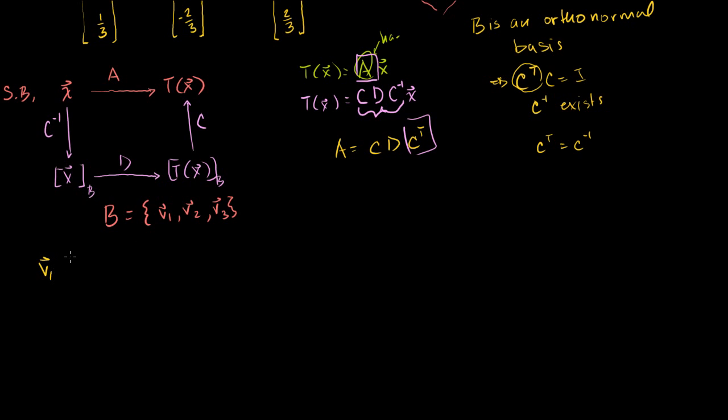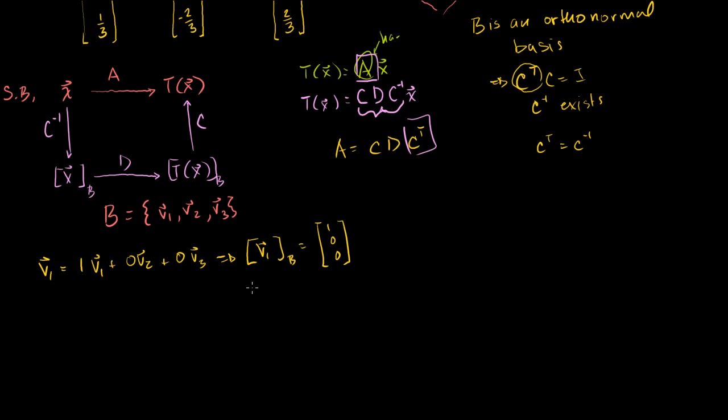Well, v1 is equal to 1 times v1 plus 0 times v2 plus 0 times v3. So v1 in my new basis, where v1 is the first basis vector, is just going to be equal to 1, 0, 0. Same argument, v2. I think you get the idea.